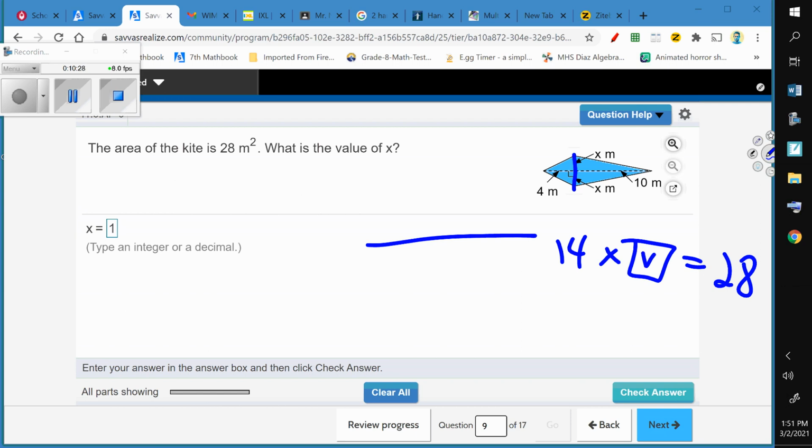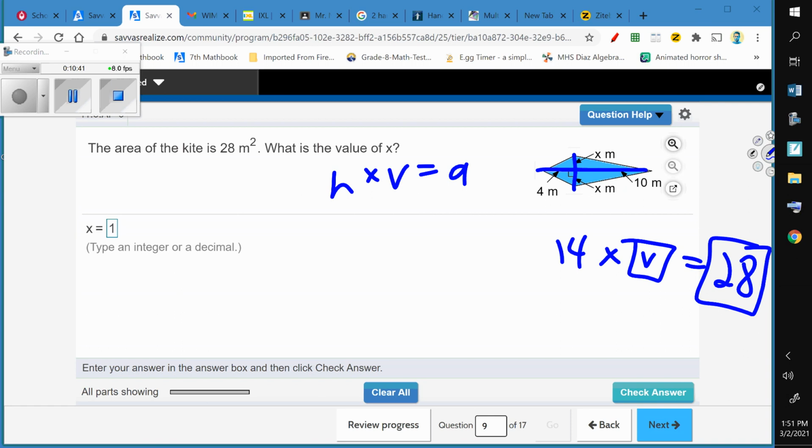Here's what I forgot to do, and that's my fault. This isn't a rectangle. So I can't multiply the horizontal distance times the vertical distance to get the area. What I forgot to do is cut one of those numbers in half. So if I cut 14 in half, then I can multiply to get the vertical length.